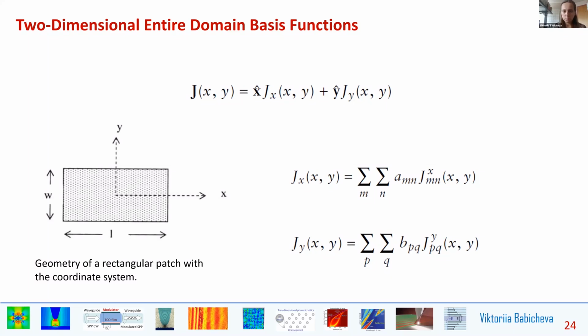So we generally want to separate Jx and Jy to solve them, and the variations of these functions with respect to x are independent of the variations with respect to y.